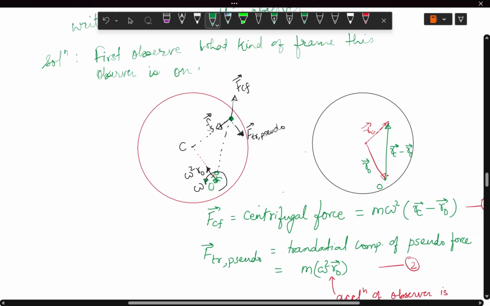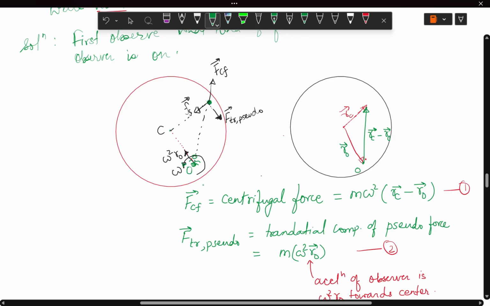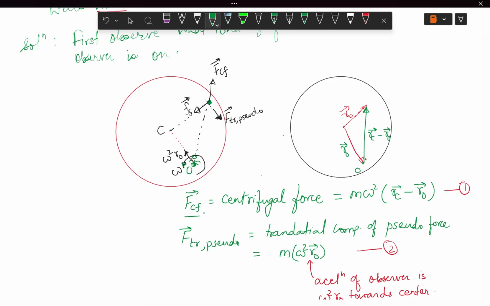So this observer will see the centrifugal force, m omega square into r perpendicular. Which one is this r perpendicular? It is the perpendicular distance from the axis, the axis of the observer, and directed away from the observer. Look at this.